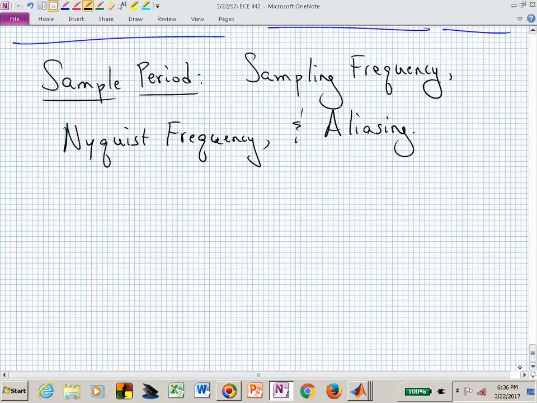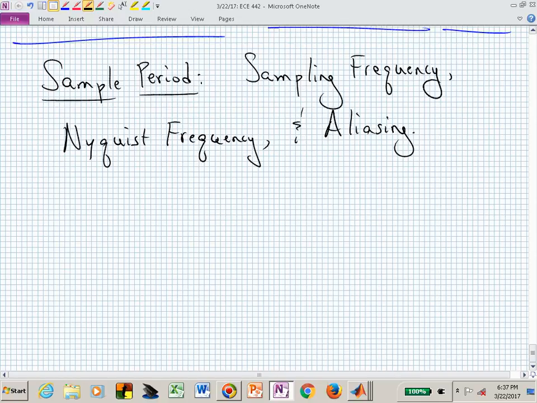How are these three words connected or related? How do we relate our sampling frequency to the Nyquist frequency and to alias, this concept of alias, where alias is really a frequency looks like another frequency. It's aliasing it. That's the way that we're using alias.